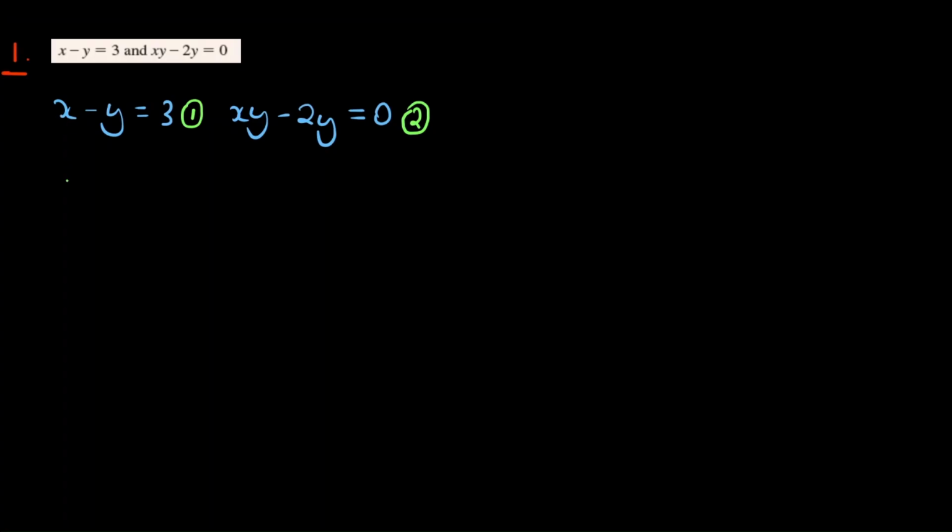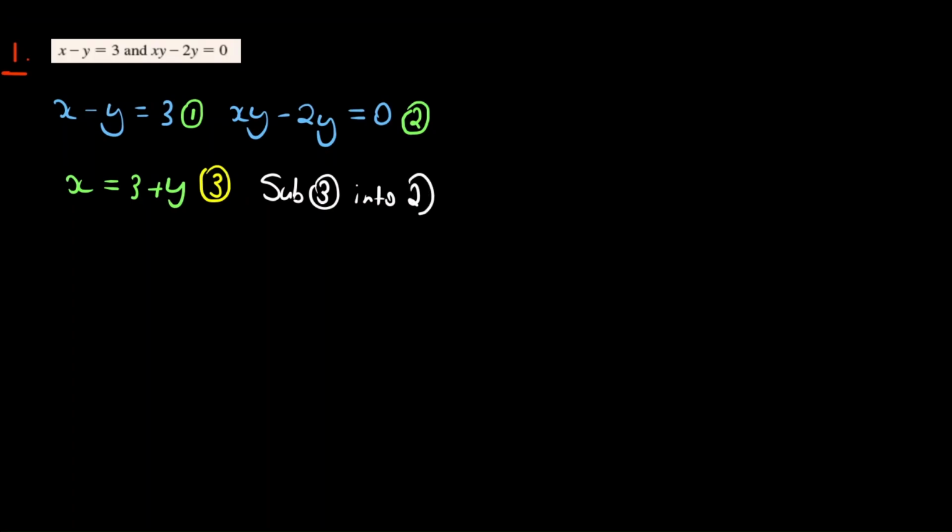So we can just make x subject by saying x is equal to 3, take the y to the other side of the equation, and we'll have plus y. So this will be our equation 3. And now what do we do? We have to substitute equation 3 into equation 2.